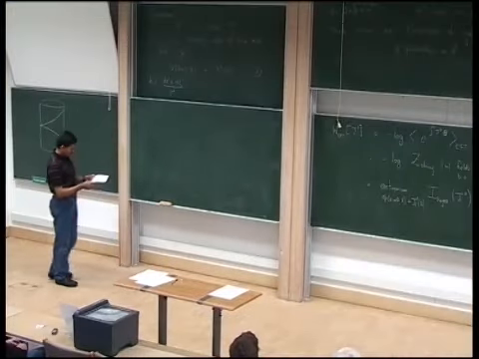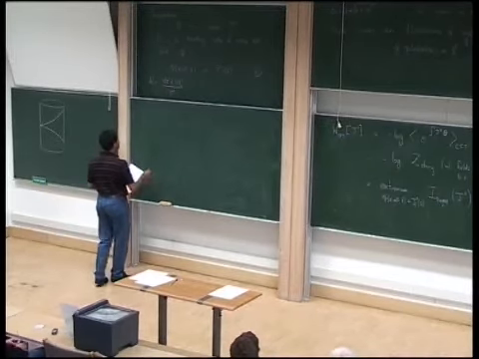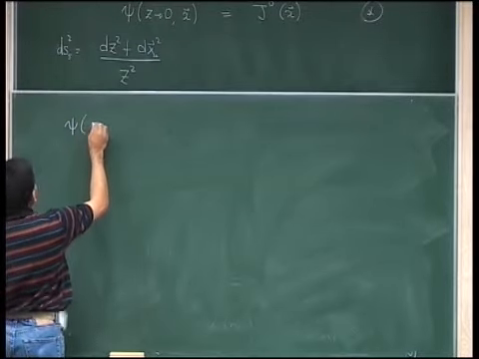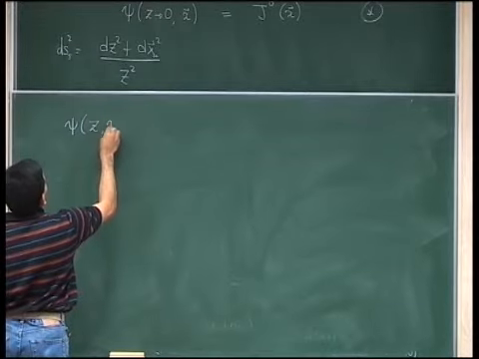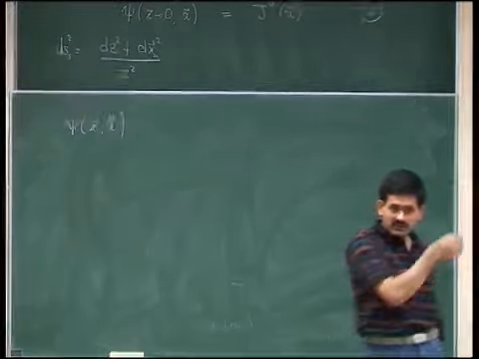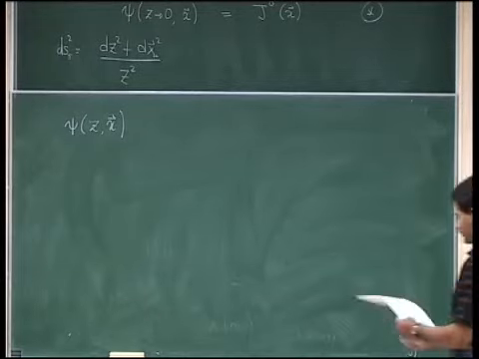The bulk field psi is of course a function of the 5-dimensional AdS coordinate, a function of where I am along z and a function of the x.